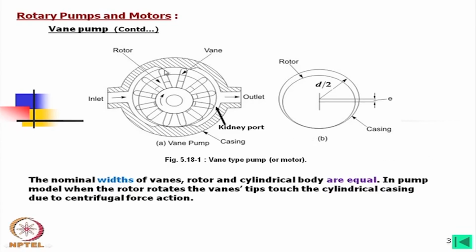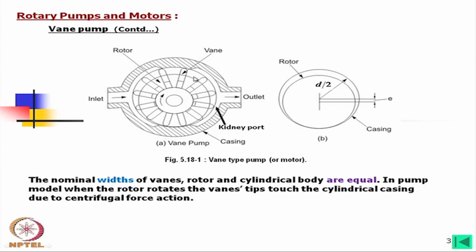So, if I consider this area between two vanes, definitely this area is varying while this cam is rotating. Now, if I consider the width, which is a constant width of the vanes, then this area multiplied by this width is the volume. So, volume is also varying.